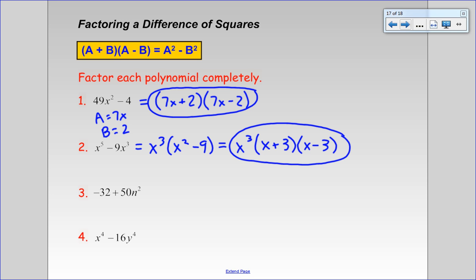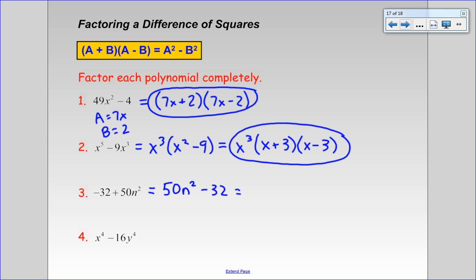Problem 3, we have negative 32 plus 50n squared. Might be a little bit easier to look at this polynomial if it's written in descending order. So let's rewrite it using the commutative property as 50n squared minus 32. Once again, this is not a difference of squares. We don't have perfect squares for those two terms, but there is a greatest common factor that can be removed.